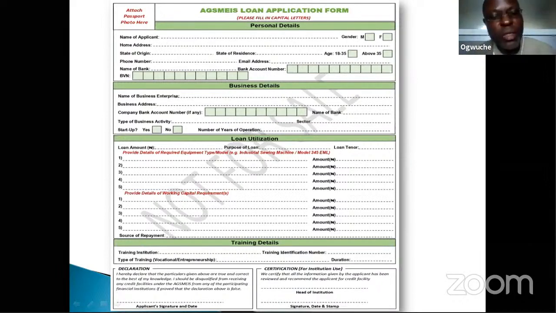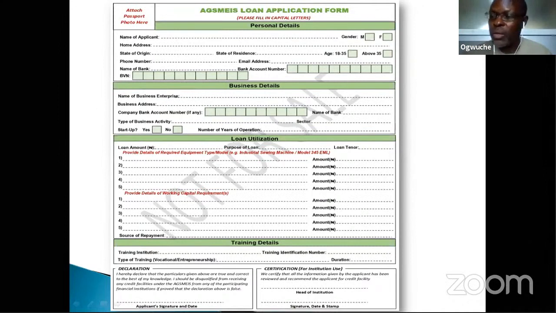Under equipment, like we said, we include lease of land, construction of pens, battery cages, borehole, generator, egg crates, and delivery van, and then the amounts. You write them against each item. The working capital we suggested could include staff salaries, broilers, layers, utilities, and feeds, and the amounts. By the time you total that amount, that's when you indicate the loan amount.